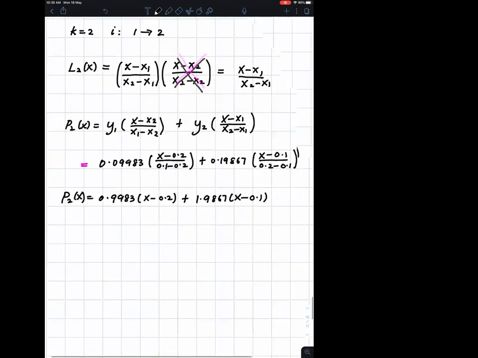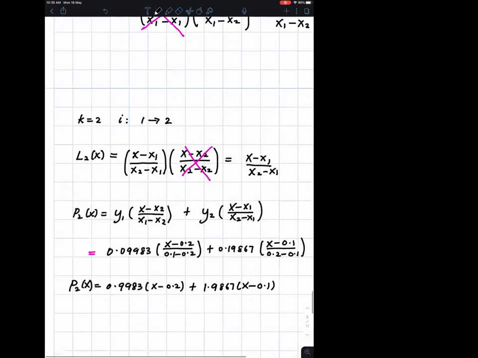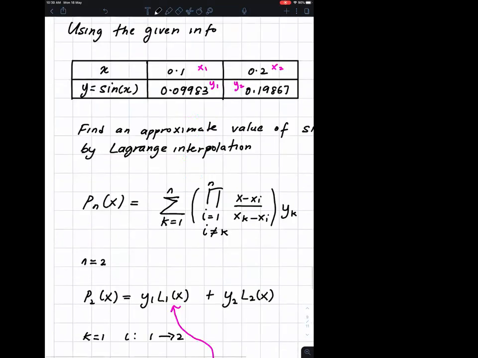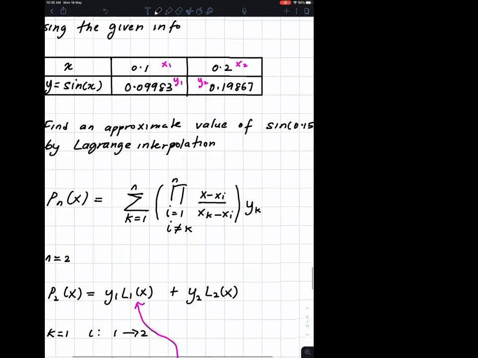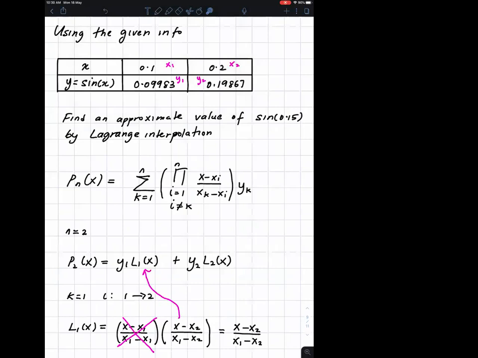So now the question is asking, after you find the polynomial, you can find any value in between 0.1 and 0.2.